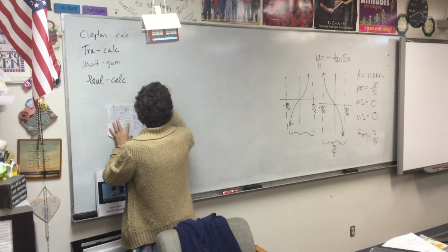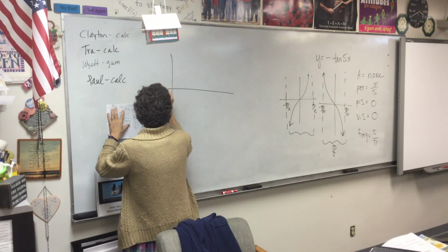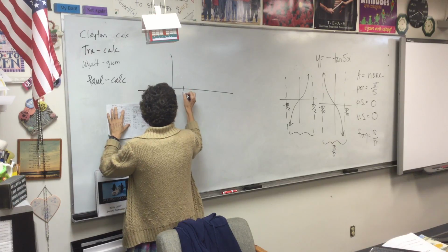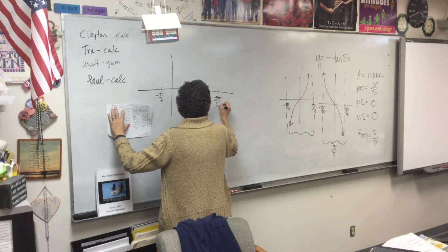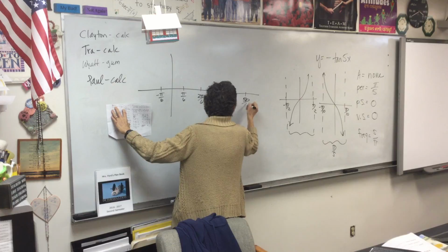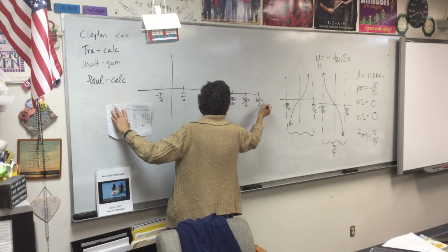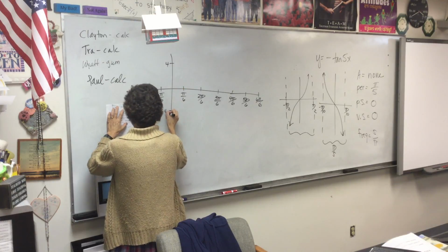So you've got an equation. It's very, very similar to the one we did the other day, I think. What am I doing? I'm going up 4 and down 4.